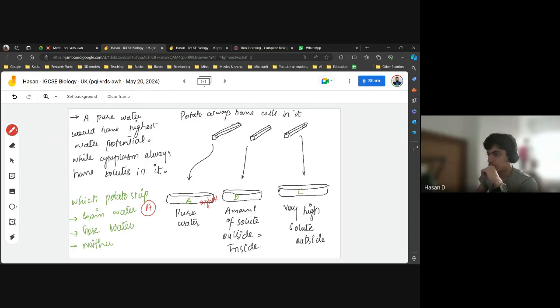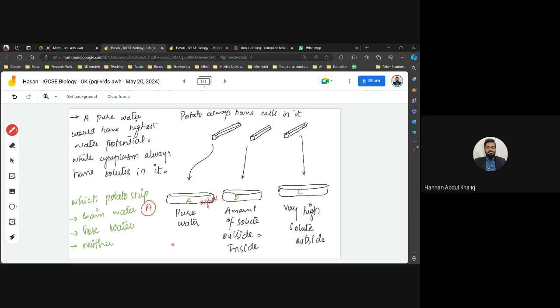Second, the amount of solute outside is equal to inside, meaning that neither solution has higher or lower water potential.